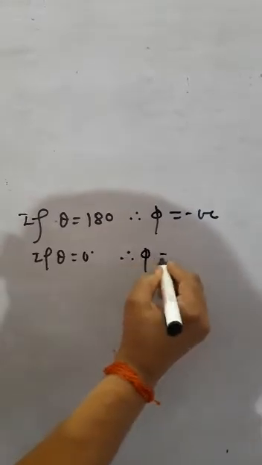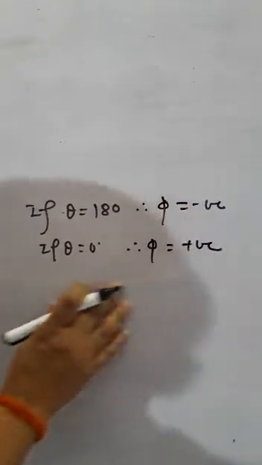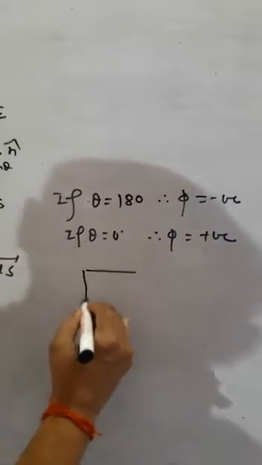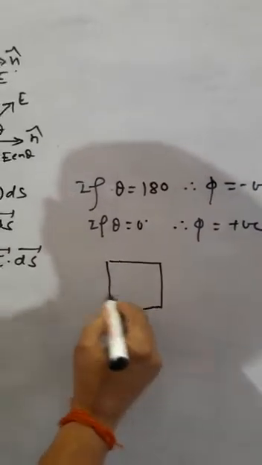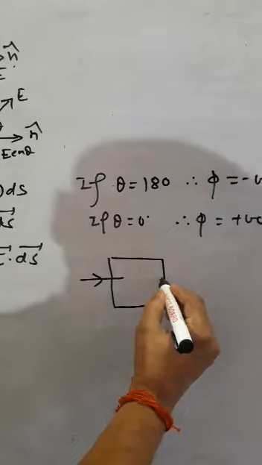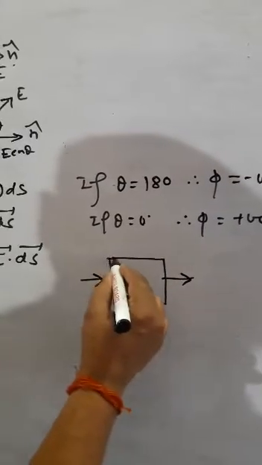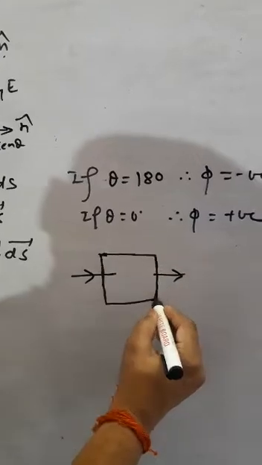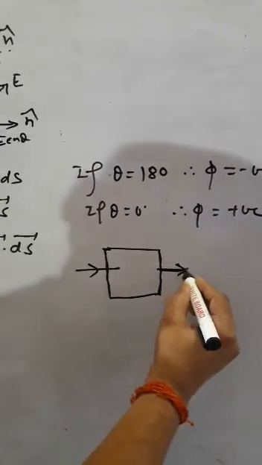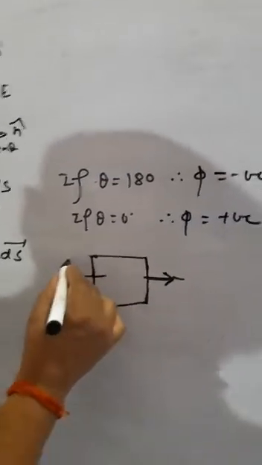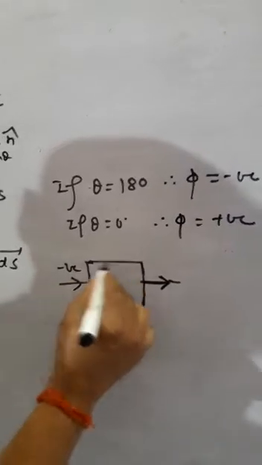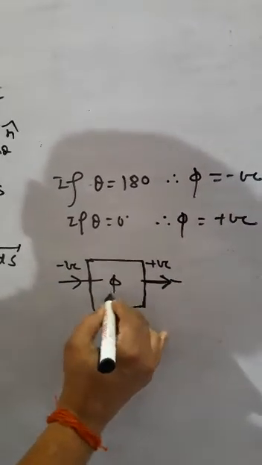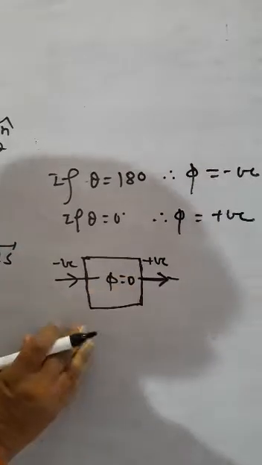Therefore, flux is always positive. So, the total flux linked to any closed surface in a uniform electric field is equal to 0, since the number of electric lines of force entering the surface equals the number leaving the surface. That means total negative flux equals total positive flux. Therefore, total flux linked to a closed surface is always 0.